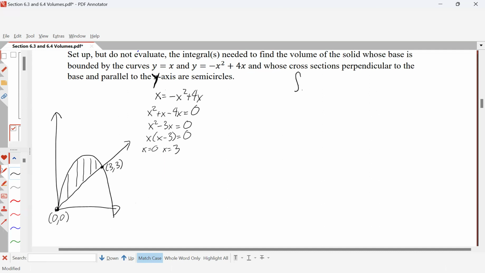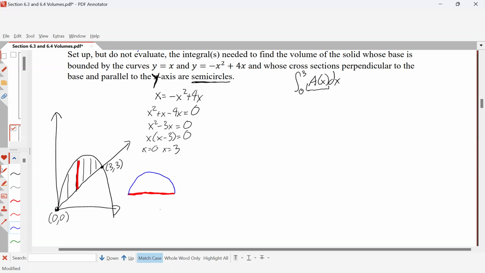So we know we are going to be finding the integral from 0 to 3 of whatever the area function in terms of x is. We need to find what this area function is. We are looking at semicircles, so when these slices are made, we are getting a face looking like a semicircle.